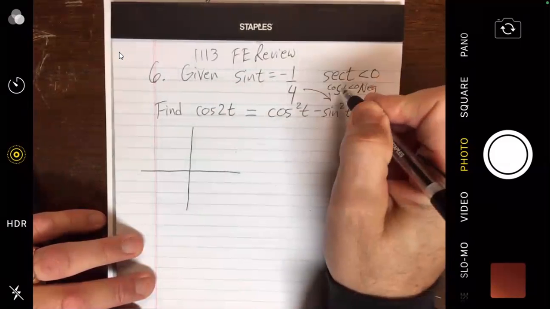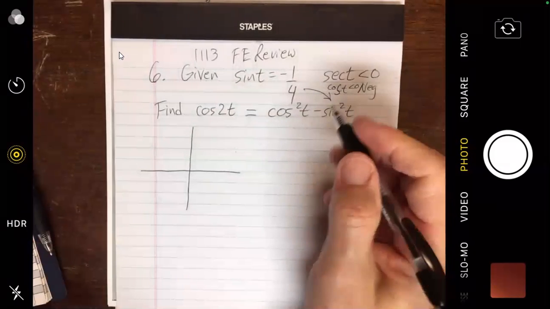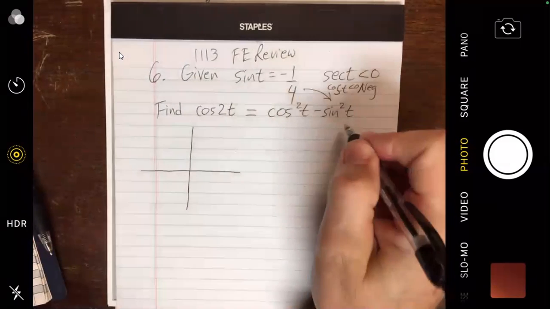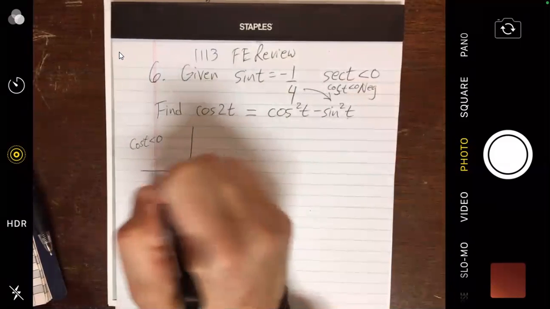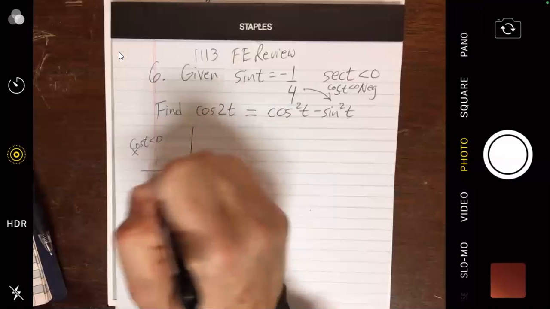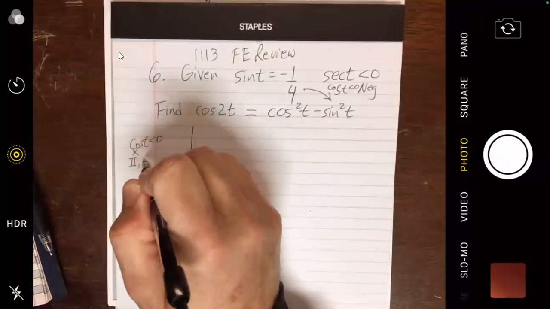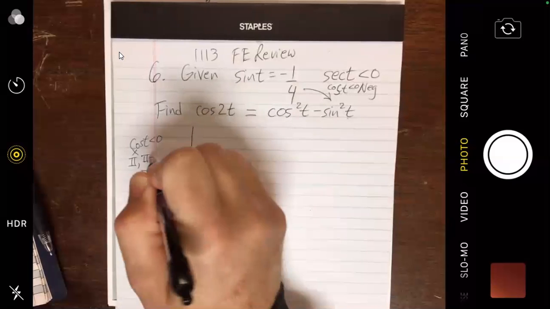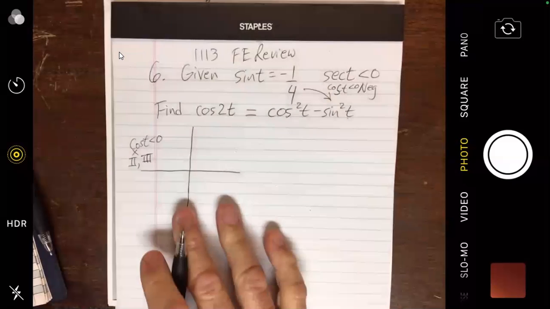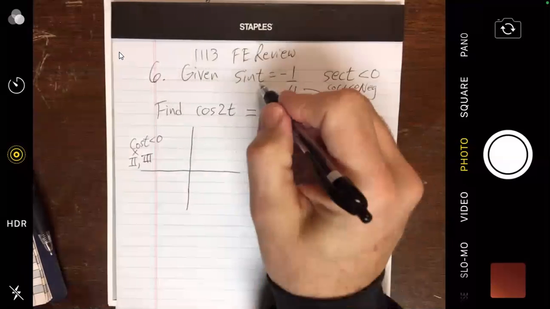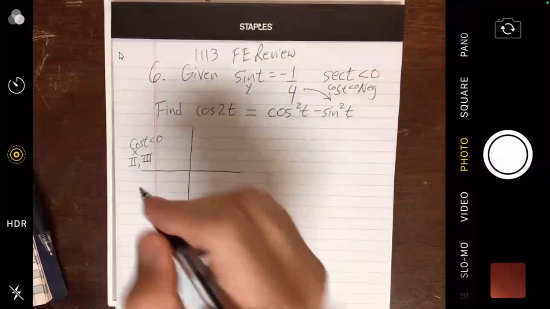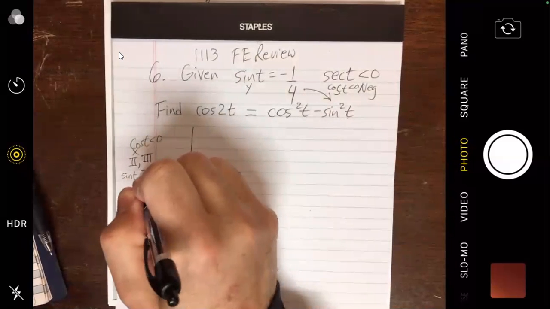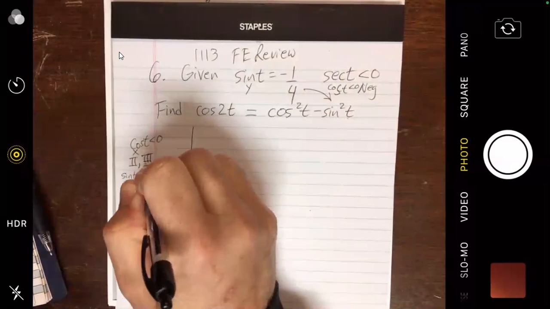If you flip them, you're still less than 0. So cosine of t is your x coordinate, that's quadrants 2 or 3. And sine being negative, that's your y coordinate being negative. If sine of t is negative, that says quadrant 3.